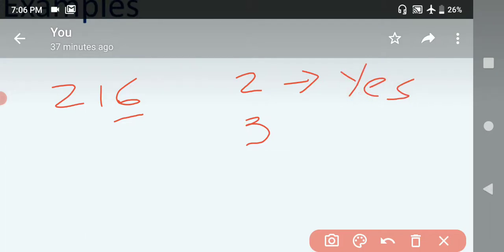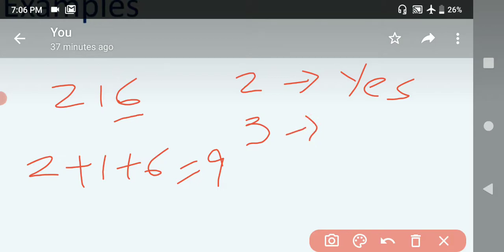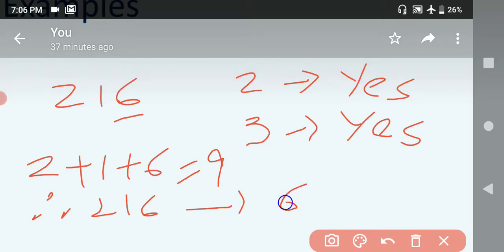And for 3, we just have to use the divisibility rule of 3. 2 plus 1 plus 6 will give us 9. As 9 is divisible by 3, therefore 216 is also divisible by 3. As 216 is divisible by both 2 and 3, therefore 216 is divisible by 6 also.